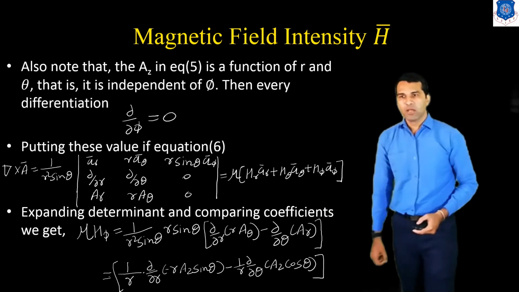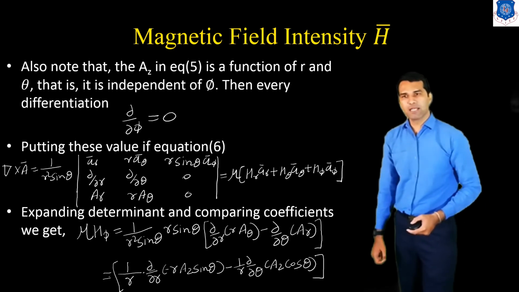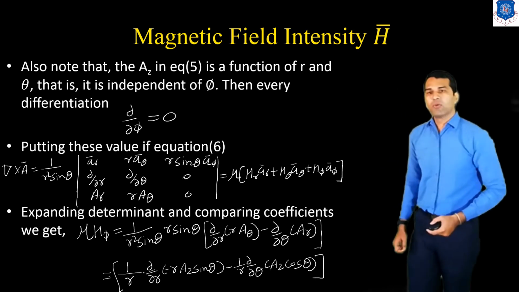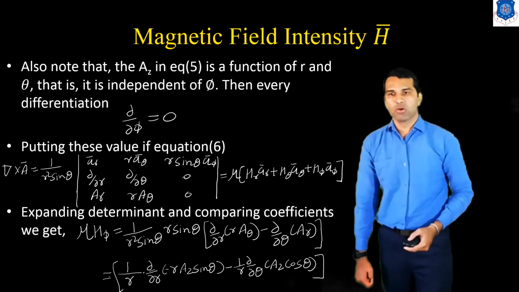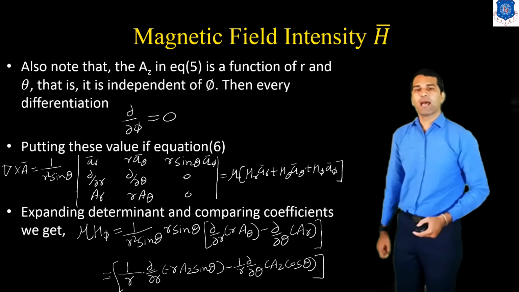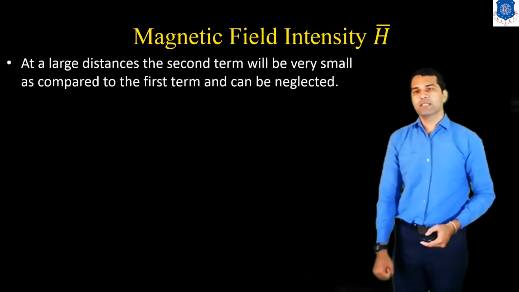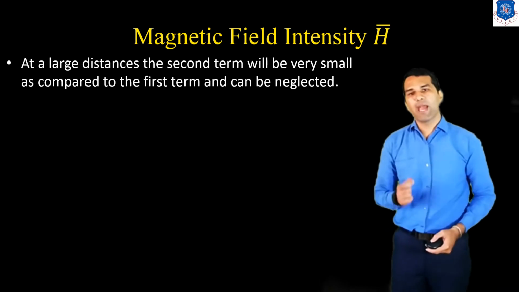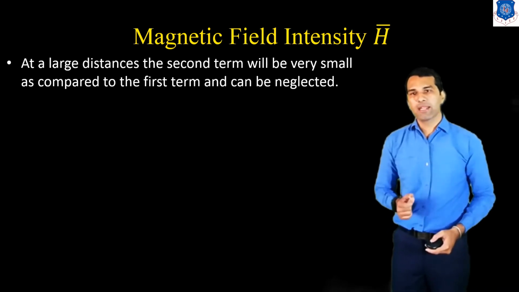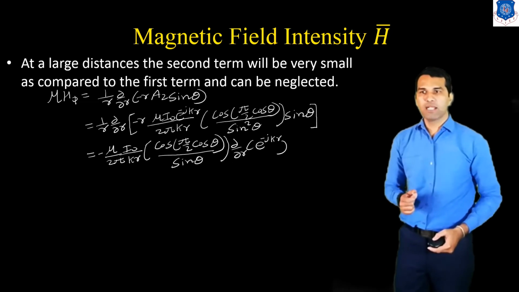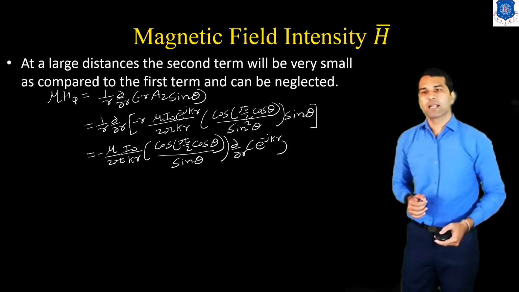So we get 1 upon r del by del r of minus r A_z sine theta, plus 1 upon r del by del theta of A_z cos theta. Here we have just put the values of A_r and A_theta. So at large distance, the second term will be very small compared to the first term and can be neglected. So we neglect the second term.